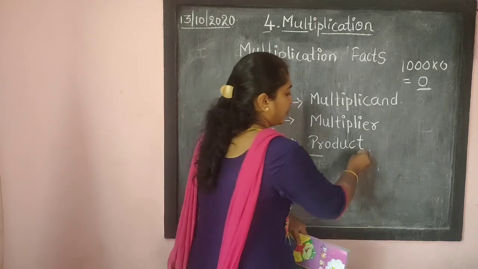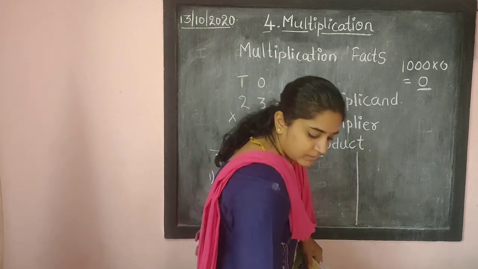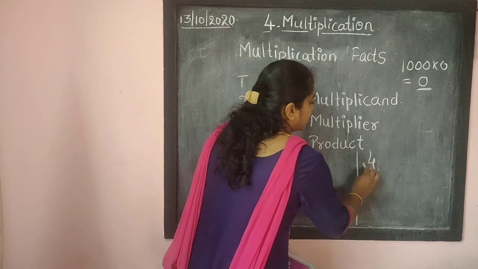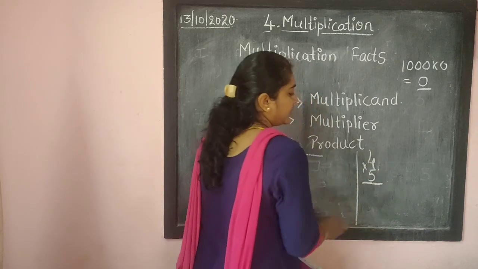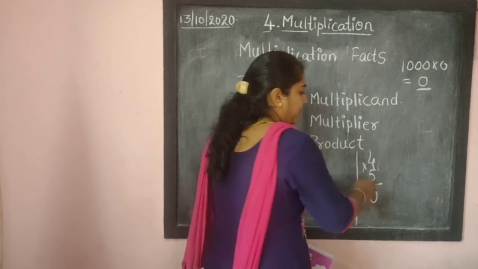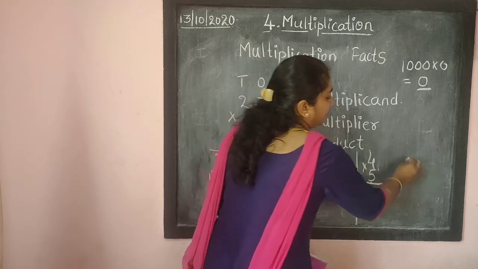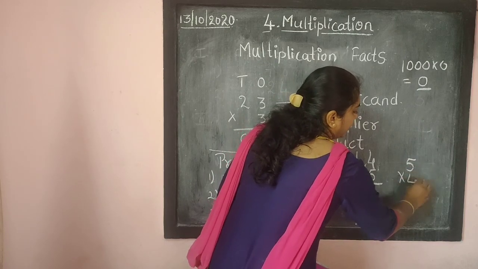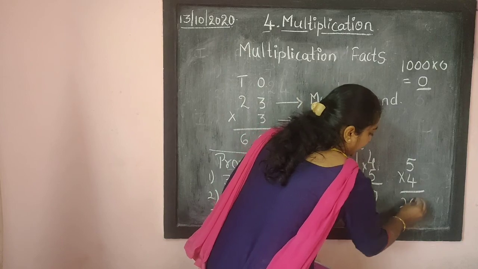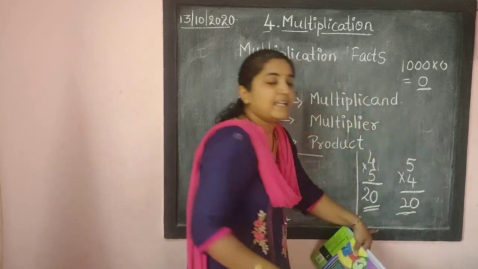How much is 4 into 5? 5 4s are 20. If I multiply 5 into 4, 4 5s are 20. Both answers will be the same.